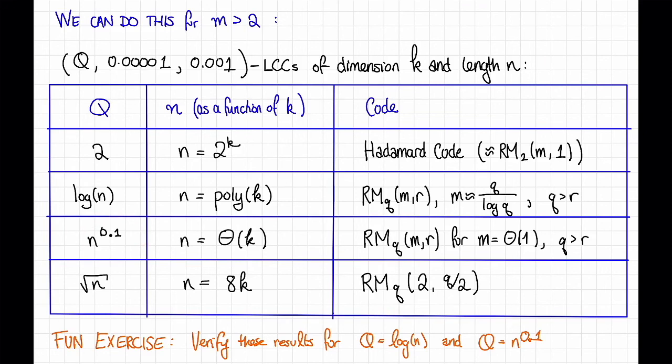You can check out the lecture notes for more on one way to do this. It turns out that you can do it by just generalizing Reed-Muller codes in the right way. But for now, let's declare success with this. We now have non-trivial LCCs in a variety of parameter regimes based on this really nice simple construction where we look at random lines in Reed-Muller codes.